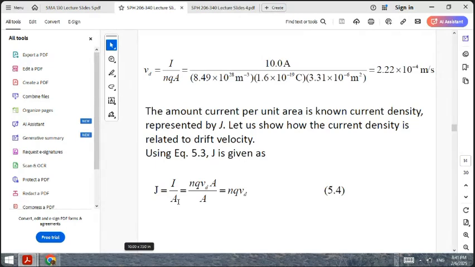So we can also define something we call current density. How much current is in a given area. So current density is defined by equation 5.4, and it is I divided by A. It's just like when we go to class in OML 8, we can calculate the density of students in that class by looking at the number of students and dividing by the area of the class.